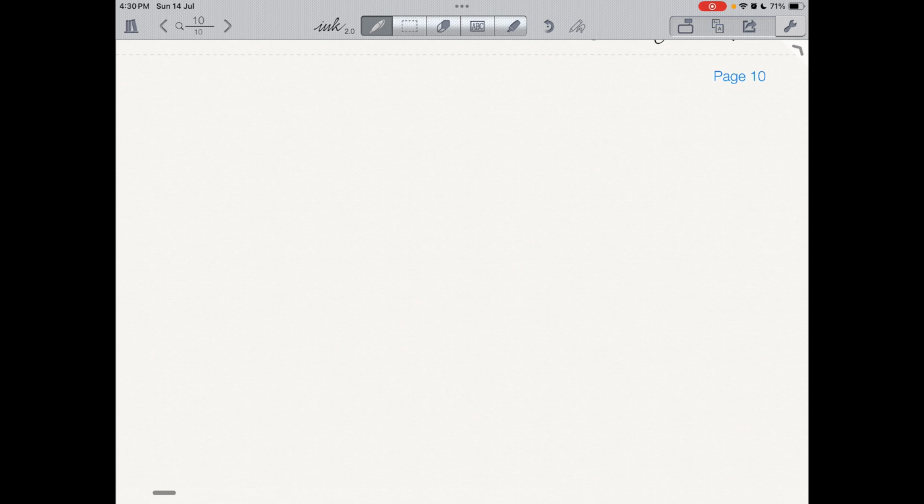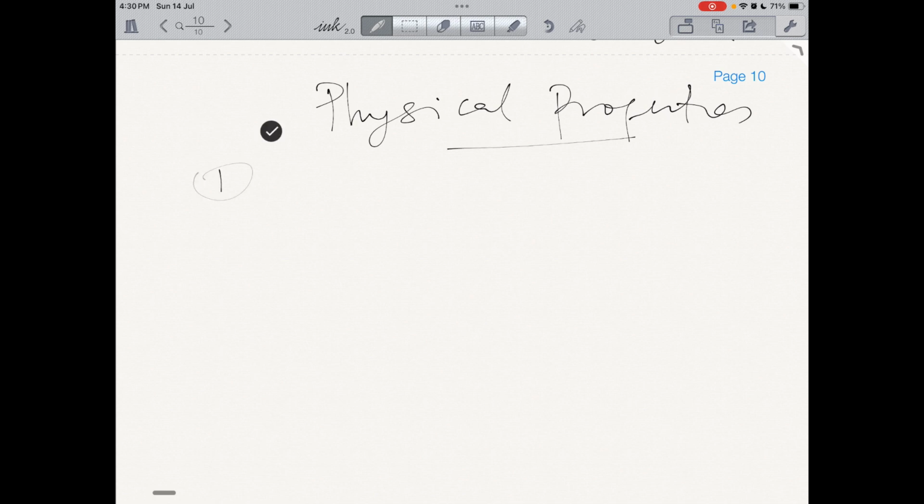I hope this helps you understand what we're talking about. So very quickly before we round up, the physical properties of ethers. Number one, they are colorless.